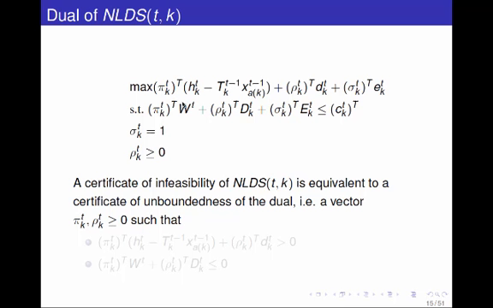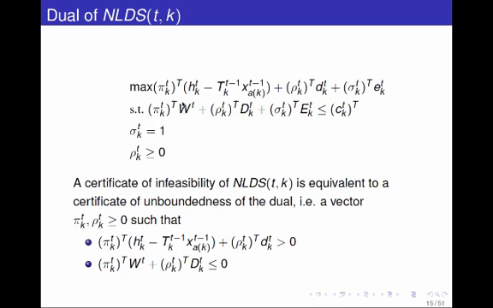I don't know how I come up with them, but if I can present to you a pi and a rho that satisfy this, so improvement of the objective function, and always staying within the polyhedron of the dual problem, I have just given to you a certificate of unboundedness for the dual problem, which means I've given you a certificate of infeasibility for the primal problem. Okay.